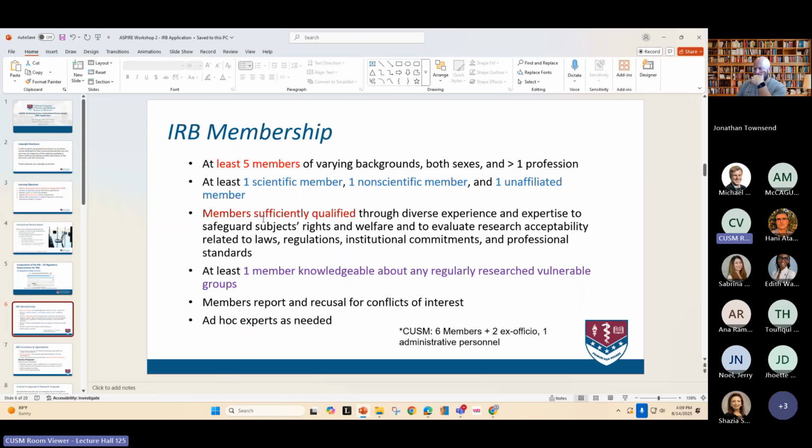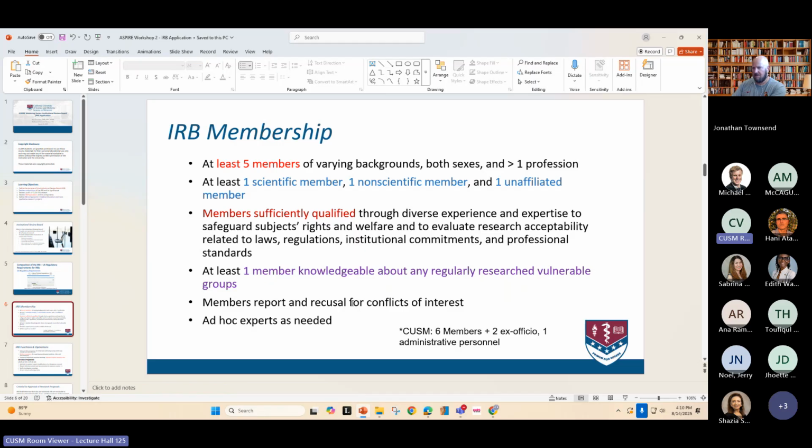In academia, in institutions where research is conducted in terms of human research as well as lab science, bench science, and basic science research, a scientific member, one non-scientific member, and an unaffiliated member are often ensured so that it eliminates bias and singular perspectives. At least one member is knowledgeable about any regularly researched vulnerable group, and members must report and recuse themselves for conflicts of interest that they identify.